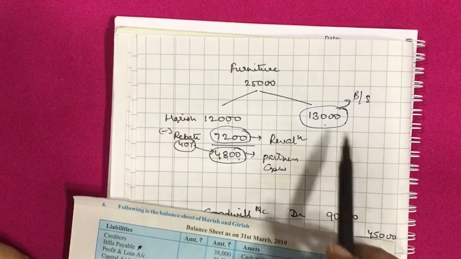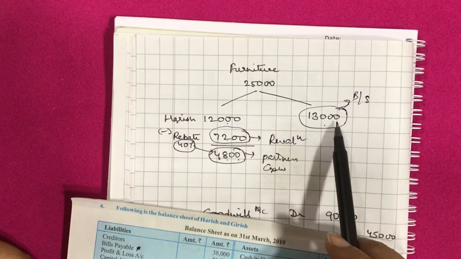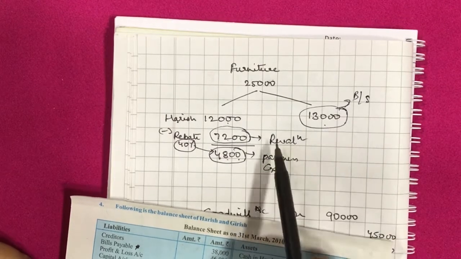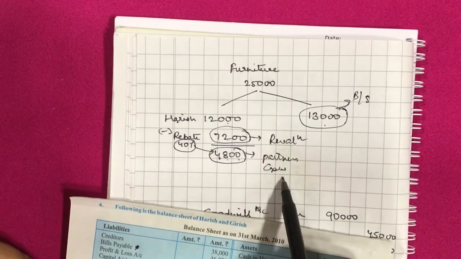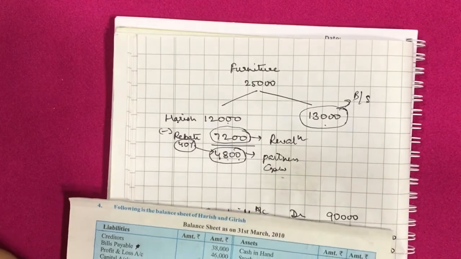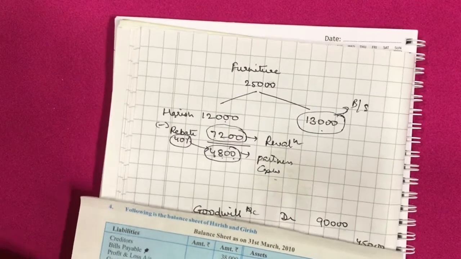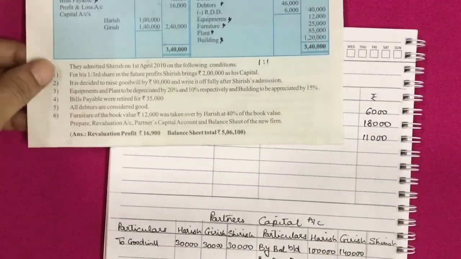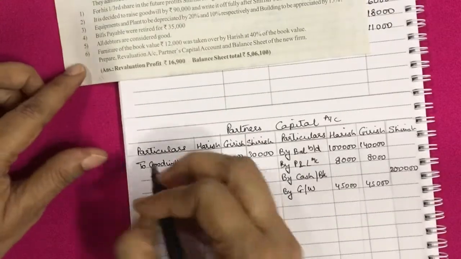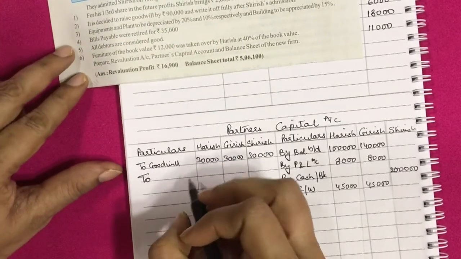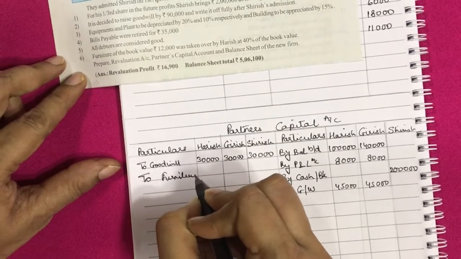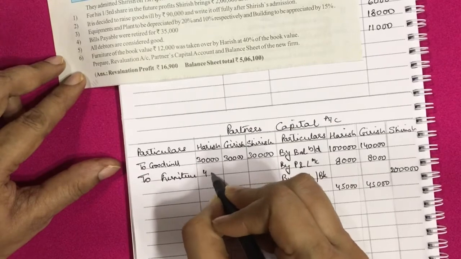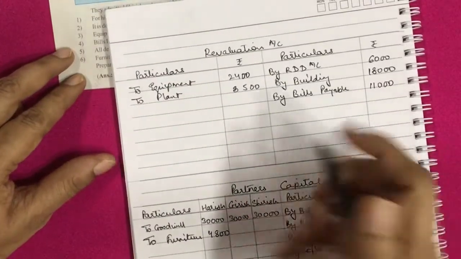So there are three effects. Balance sheet you will show furniture as 13,000. Revaluation account debit side you will show 7,200, and partners capital account credit side 4,800. This adjustment is very important. So let's write here, to drawings, he is taking it, to furniture account. So write here first 4,800. And how much we have to write in revaluation account?